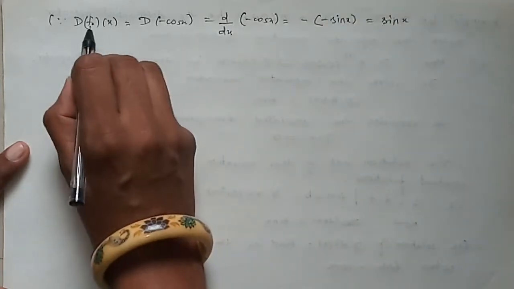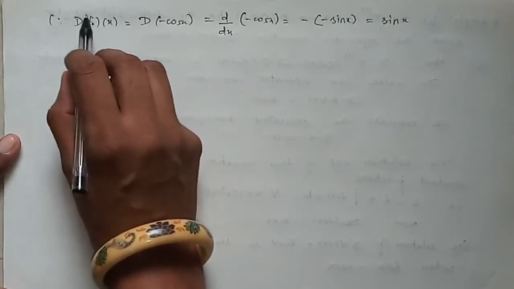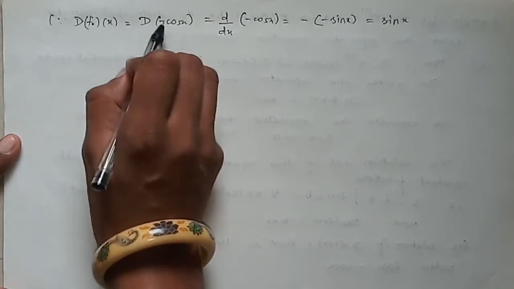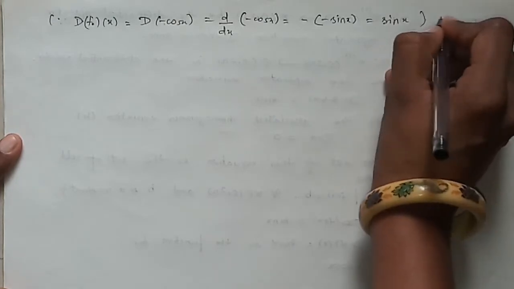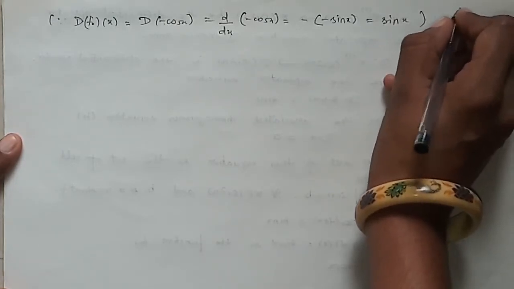Therefore, if I am taking f naught as minus cos x, then it holds our equation, because its derivative is nothing but sin x. So we can say that f naught of x is our one particular solution.